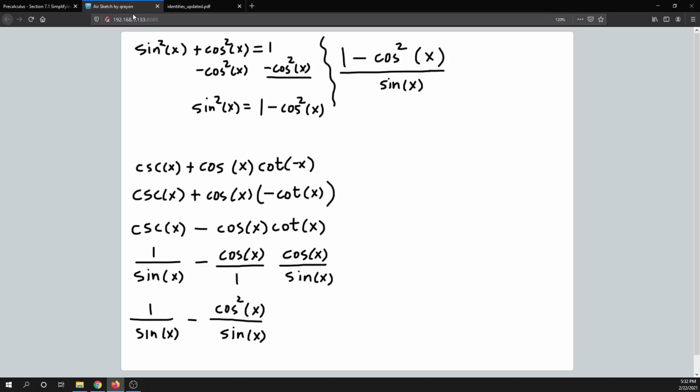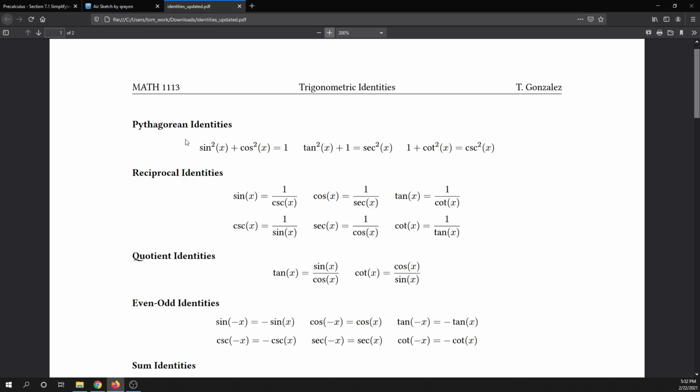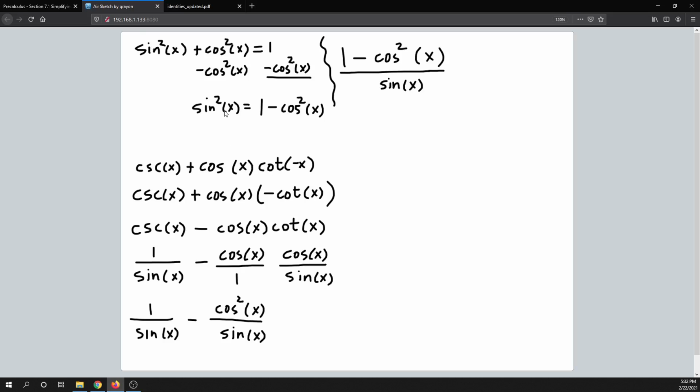So again, this is off to the side. I'm trying to simplify the top of this expression, 1 minus cosine squared, and I can see, hey, that looks similar to this, but it's not quite. You can rearrange this. If it's always true that sine squared plus cosine squared equals 1, well, then it's always true that sine squared equals 1 minus cosine squared as well.